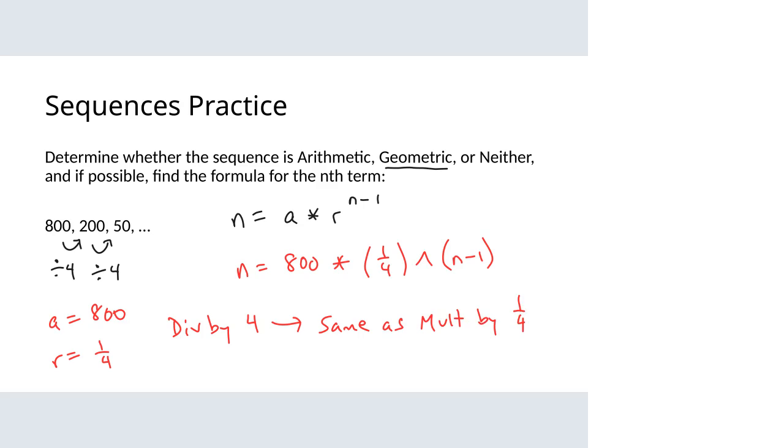That's how we get to using 1/4 there instead of the 4. Dividing by 4 is the same as multiplying by 1/4, and this would be consistent regardless of what our number was. If we were dividing by 9, that's the same as multiplying by 1/9.